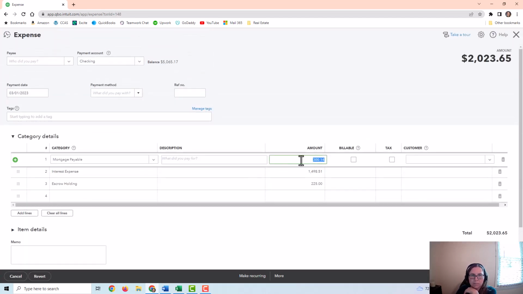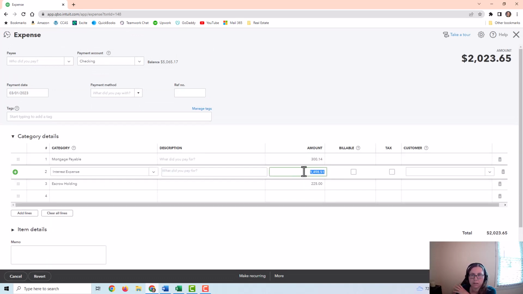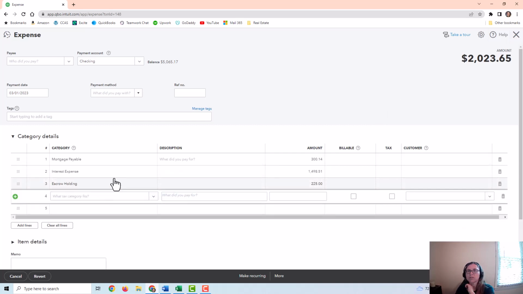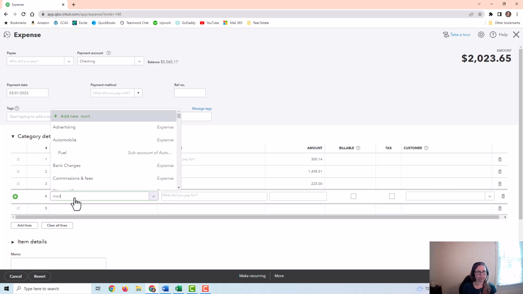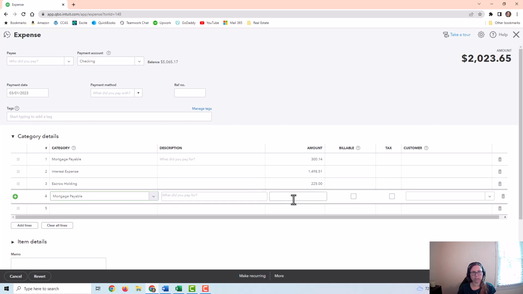So my mortgage payable amount, the amount going to principal, is slowly going to increase each month, and each month the amount of interest is going to decrease a little bit as you pay down that mortgage. And if you pay extra towards the mortgage, like I like to round up and pay a little extra, that's going to go into your mortgage payable account as well.